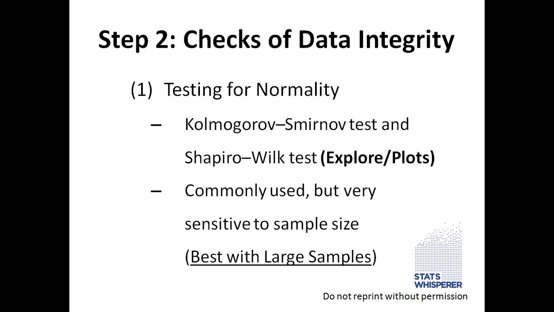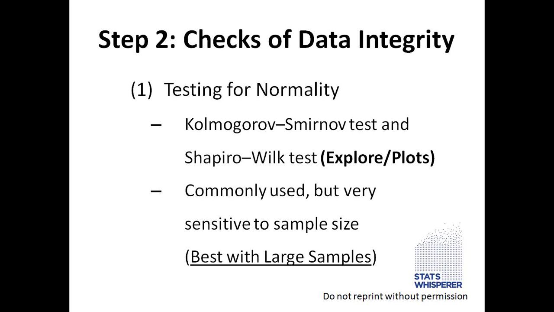This plagued me for years, but I didn't realize this fact: the tests are what they call very conservative, as in they're willing to call a distribution non-normal very fast, because they're best for large samples. The larger the sample, the more normal the distribution, and the smaller the sample, the less normal.